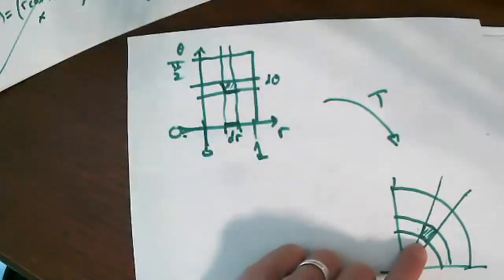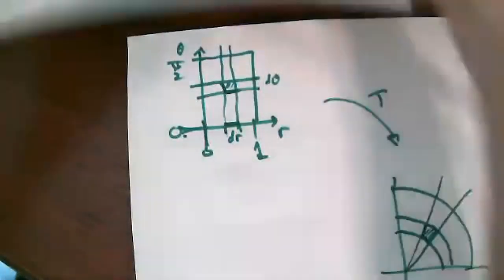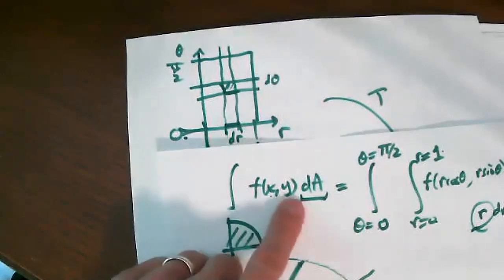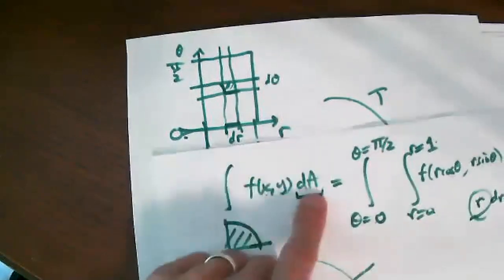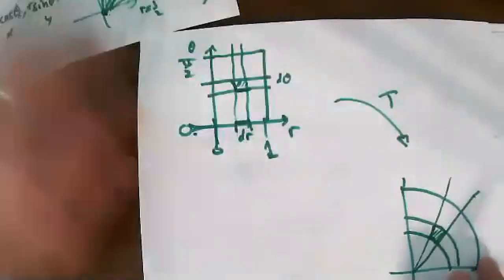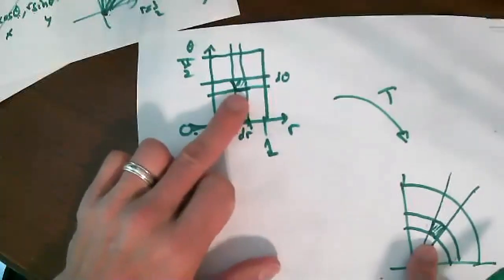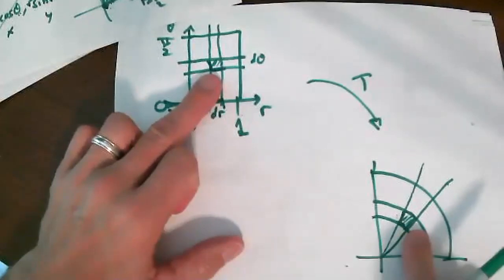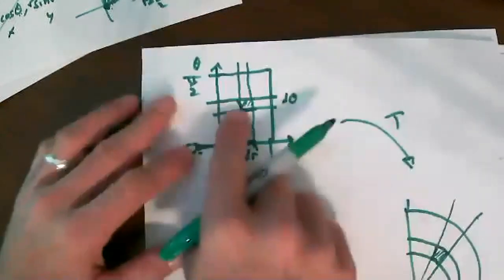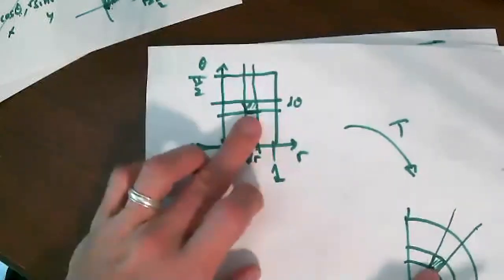And area is a crucial thing to keep track of exactly when we're doing these integral calculations. We're supposed to be evaluating a function at different points and then multiplying by the area of the little pieces. So what the definition of the integral asks me to do is to multiply by the area of this piece. And this piece is created from this piece in a very natural way, but they don't have the same area.